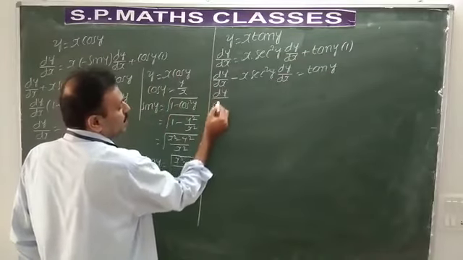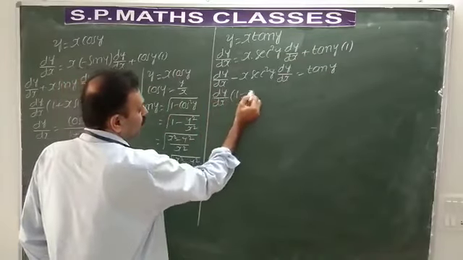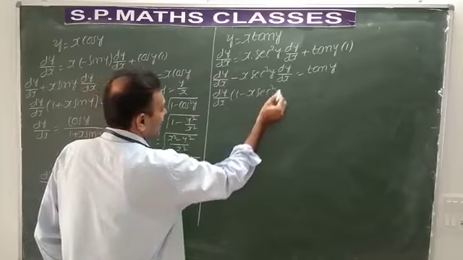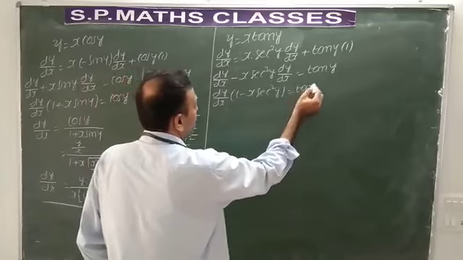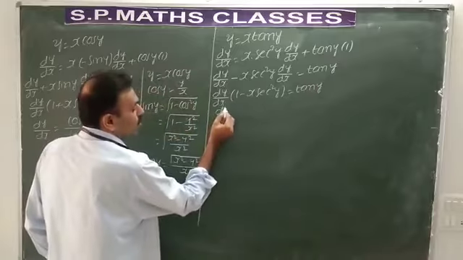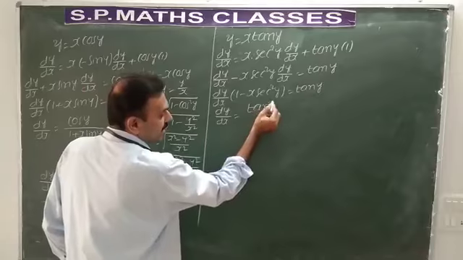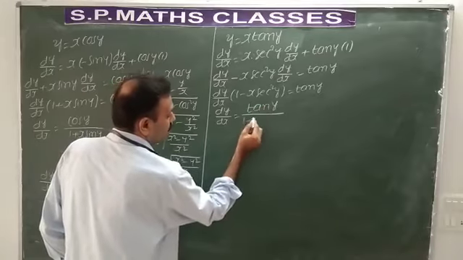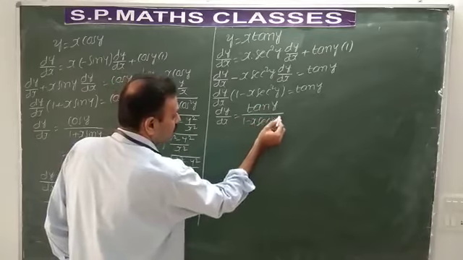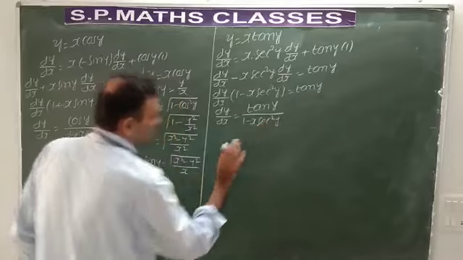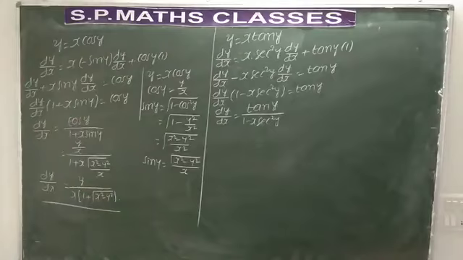I take dy by dx as common factor, 1 minus x secant square y. What is dy by dx then? Tan y divided by 1 minus x into secant square y. Up to this stage it is over.